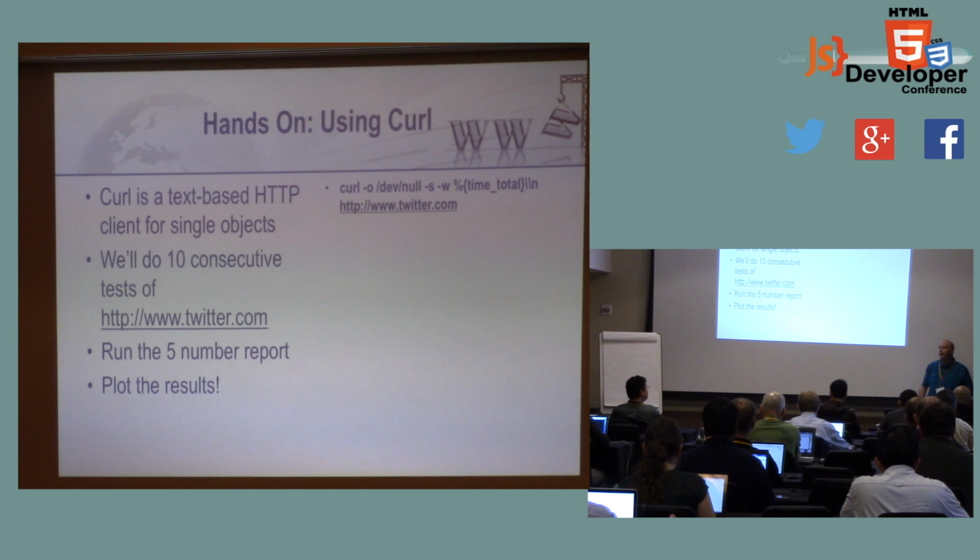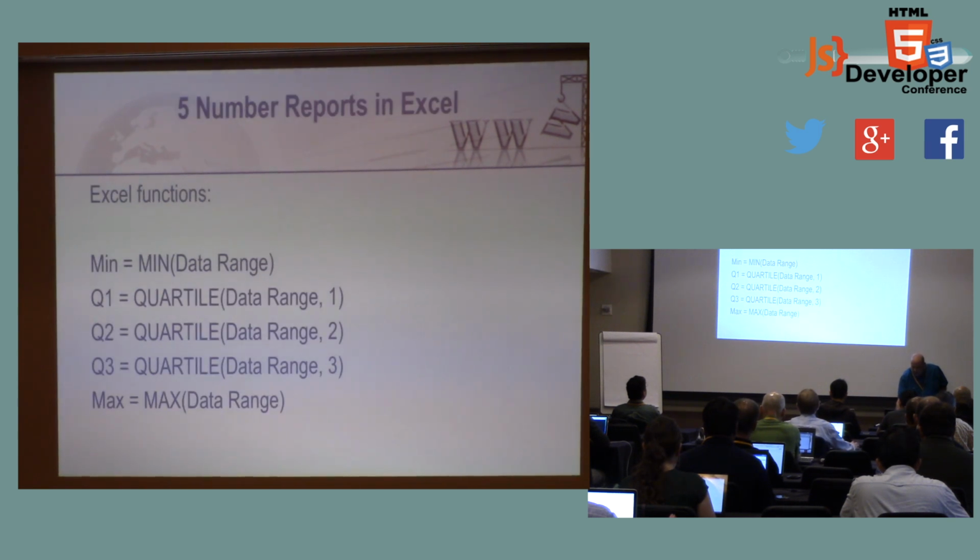So I hope you're all gathering data and about ready to do your 5-number report. The next 2 slides kind of show people how to do that in Excel and in R. I don't know which one you have, and I figure most people are using Excel. These are the instructions for Excel. It's just very simple, and it's all about this quartile, min and max function.